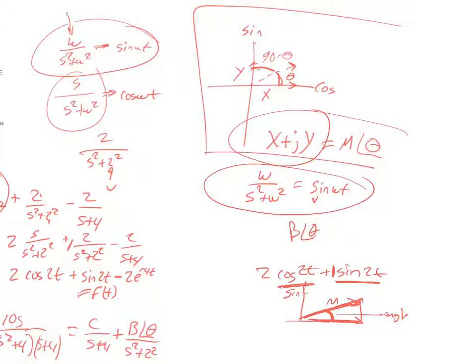So I'm actually looking for the angle theta here. So I combine these two to be equal to some b at an angle of theta sine of omega t.